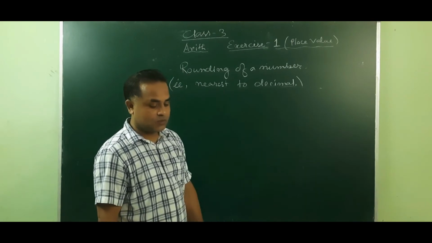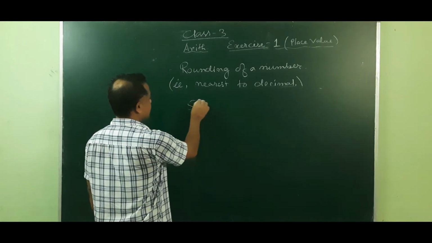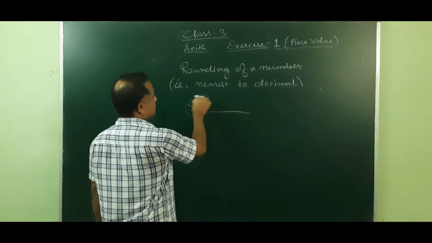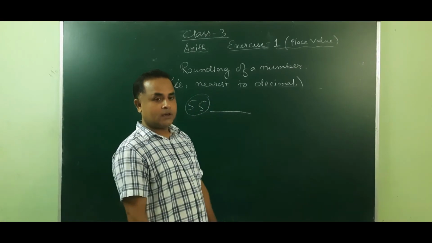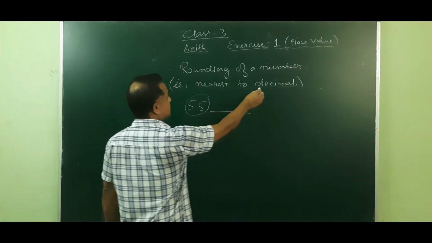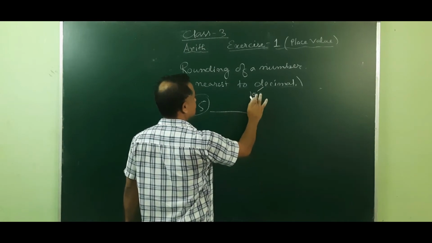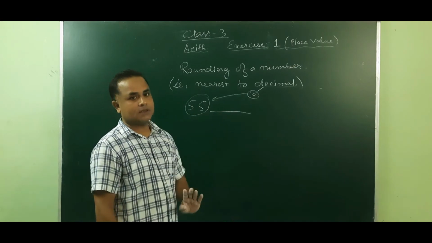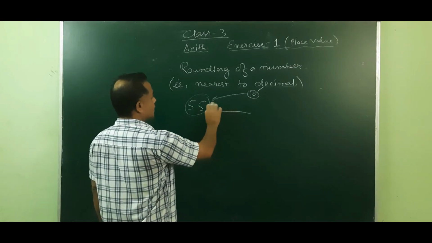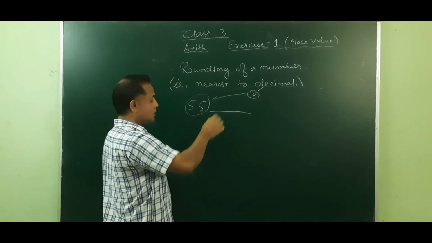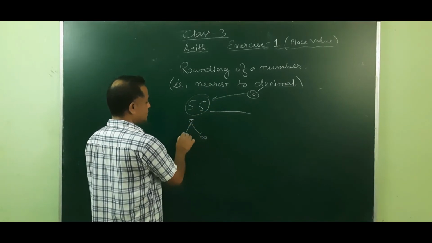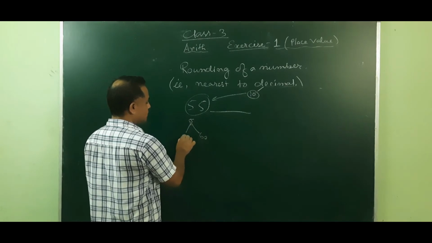Now one example we will see. 55, nearest number will be what? Nearest 10. That means the decimal here given is nearest 10. 55 nearest 10. Then it will be 60. Then there will be a 50.